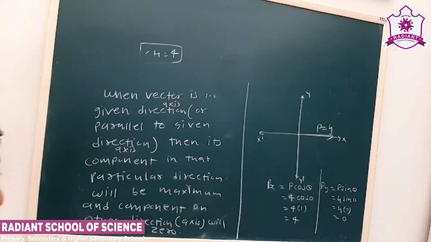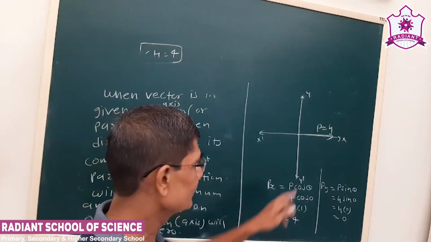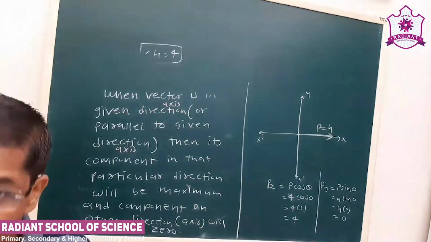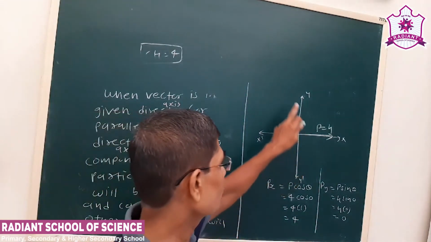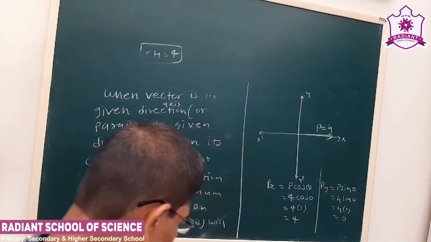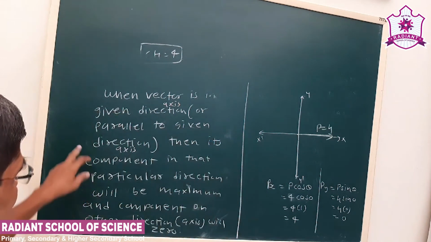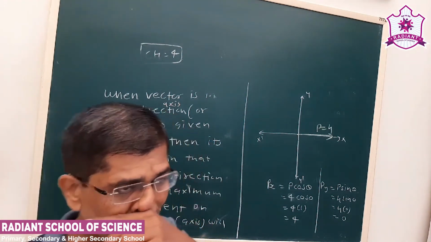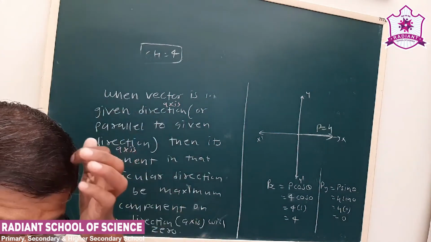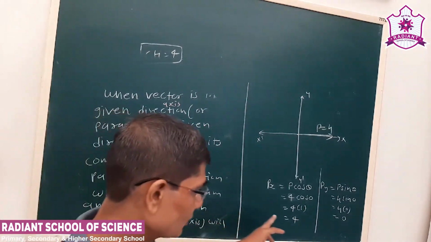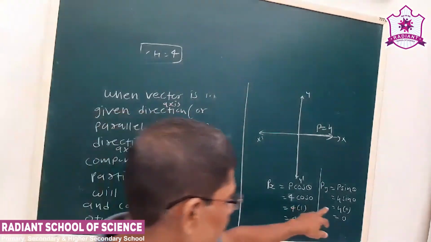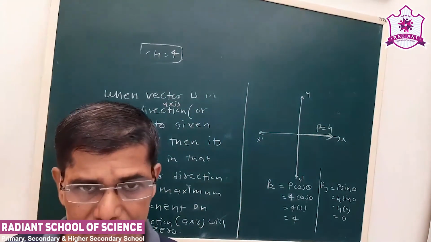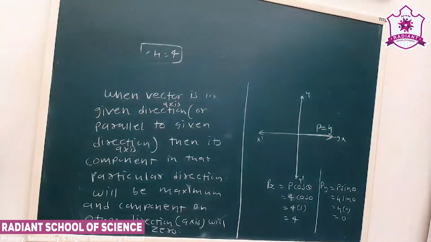So the x component of the vector is maximum, equal to the vector itself, and the component on the y-axis, that is the other axis, is 0. So this we also have to remember well: when a vector is lying on an axis or is parallel to a given axis, the component in that particular direction or axis will be maximum and the component in the other direction is 0.